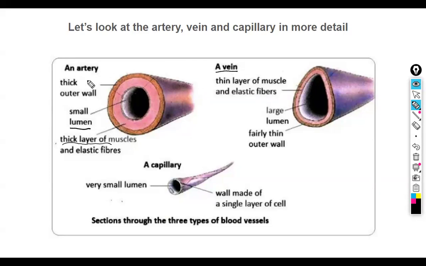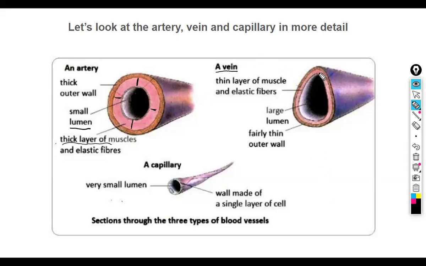Now, compare it to a vein. Remember I told you the arteries are the stronger ones because they have thicker walls. Look how thick these muscles are. Now, obviously, the thicker the muscles, the smaller the hole is going to be, because if the muscles are taking up a lot of the space, the hole at the center is going to be smaller, but the artery is definitely stronger. You can see from that diagram, it looks strong.